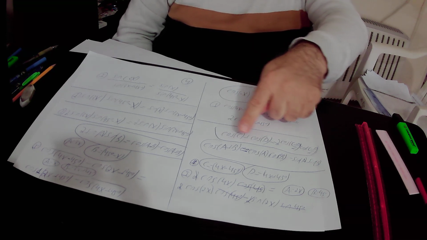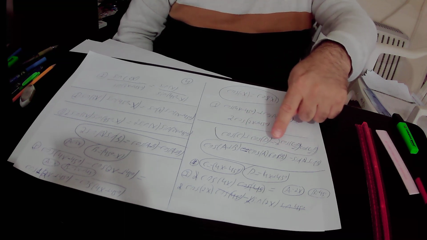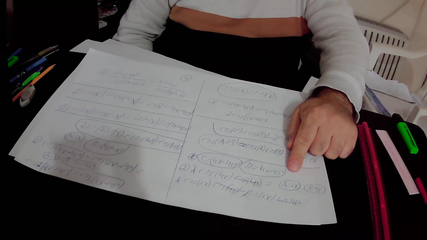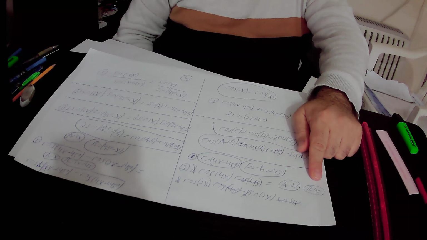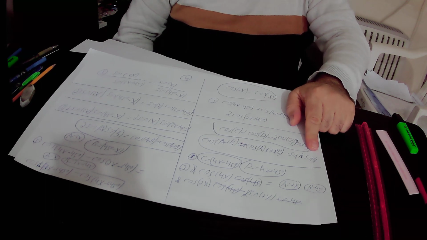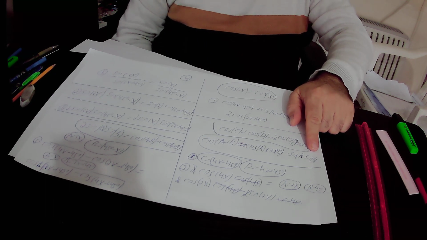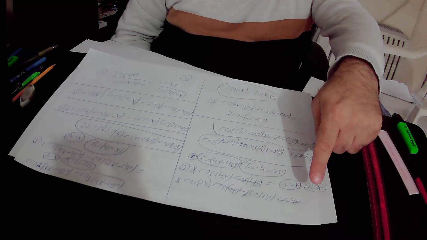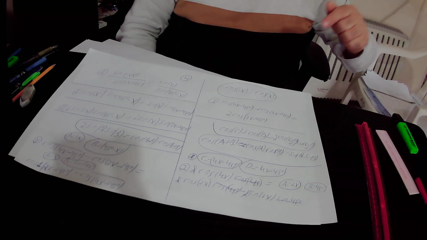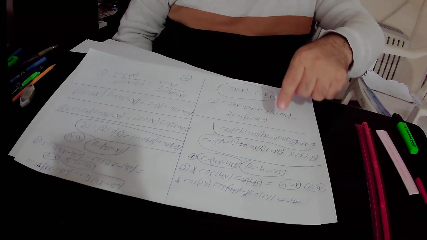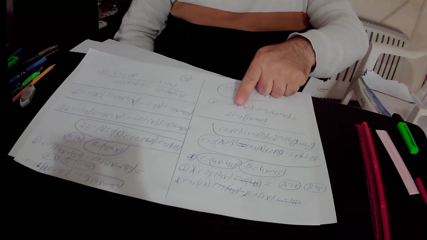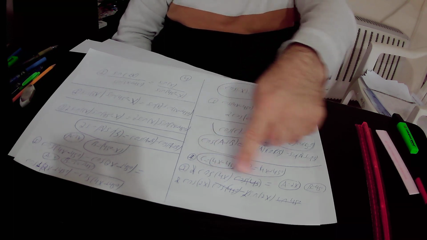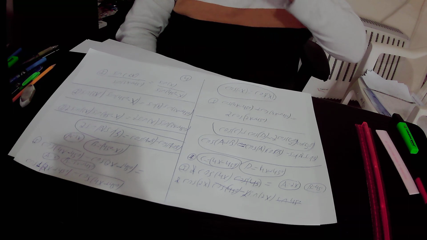And according to this trigonometric identity, cosine (A plus B) equals cosine A cosine B minus sine A times sine B. So it is actually cosine 2x cosine 45 degrees minus sine 2x sine 45 degrees. And we also must multiply it by 2, because we have here 2 cosine 2x plus 45 degrees. So we must multiply both sides by 2. Okay?